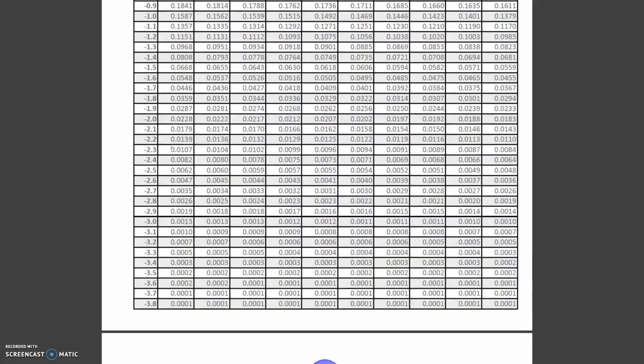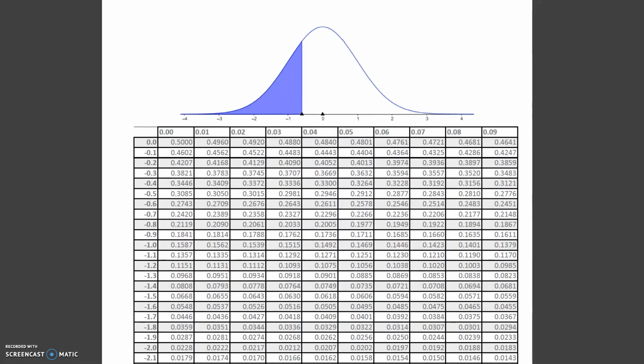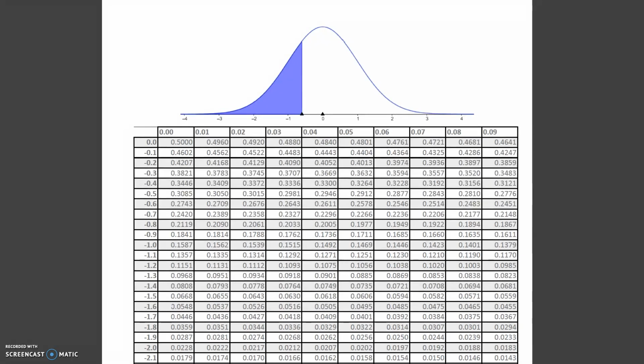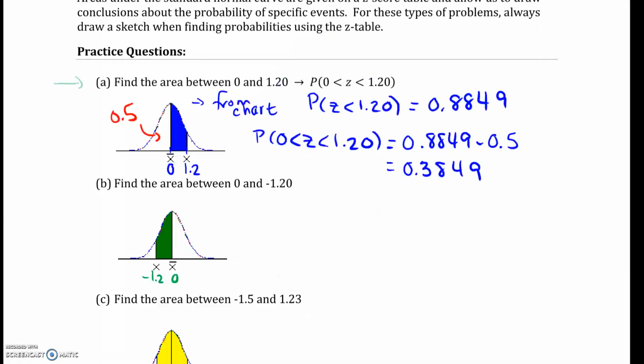Again, if I look at what happens for negative values and the graph that's being shown, I see that it gives me the values from the far left end up into my z value that I'm looking up. So when I look up a z value of negative 1.2, I get a value of 0.1151. But that is left of the z value that I'm looking at.